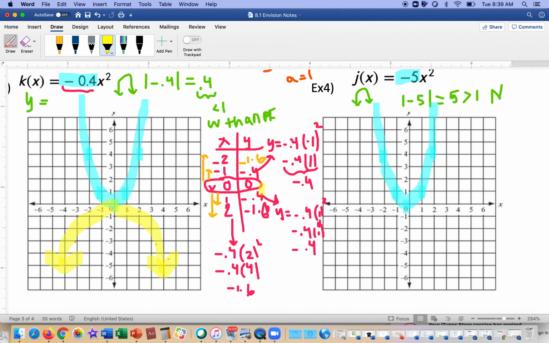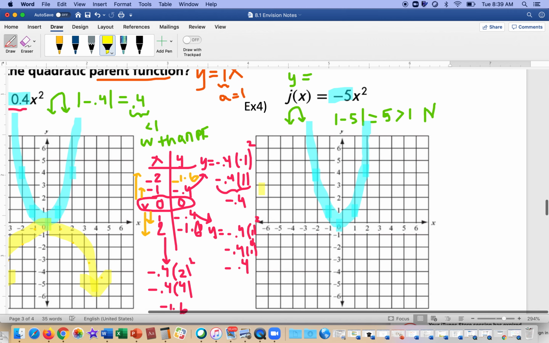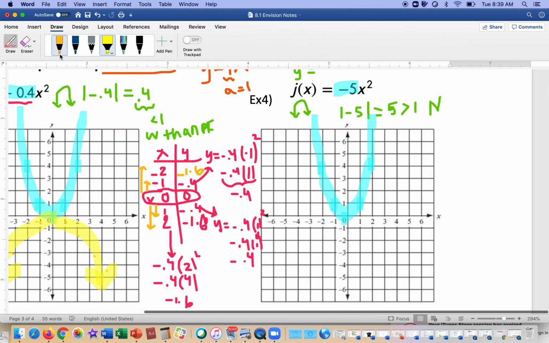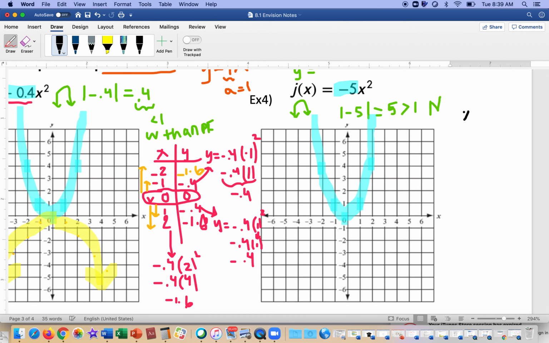Okay, so if we go to the next one, and I make a table. You always want the vertex in the center of your table. Again, your vertex is not always 0, 0. It's just because all we have is something x squared, right? y equals ax squared.